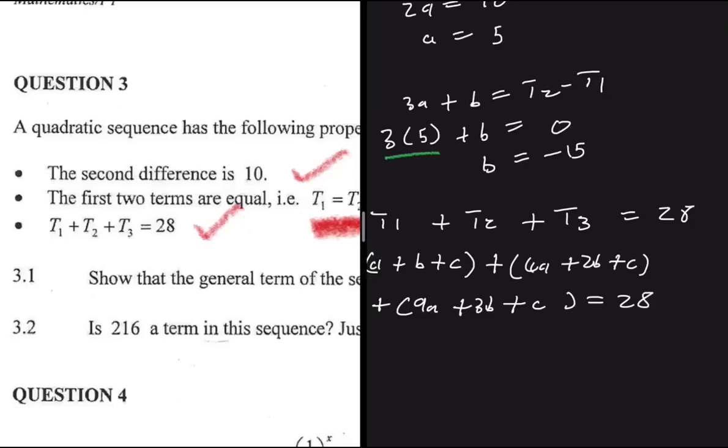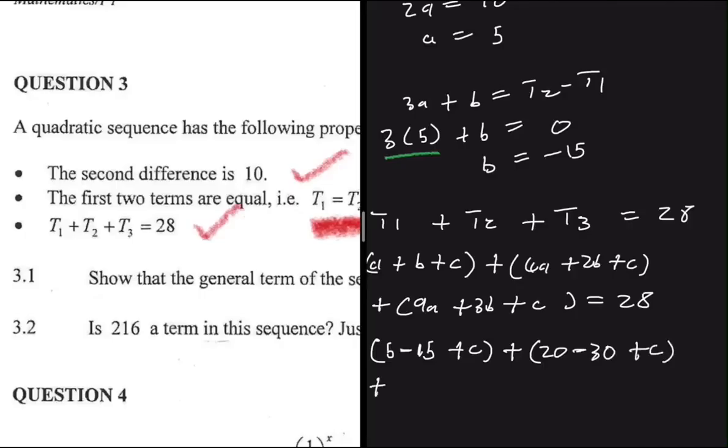So what is the value of a? a is 5. So we're going to have 5 plus b, which is minus 15, so 5 minus 15 plus c. That is for t1. And then for t2, a is 5, so 4 multiplied by 5 is 20, and b is minus 15, so 2 multiplied by minus 15, so 20 minus 30 plus c.